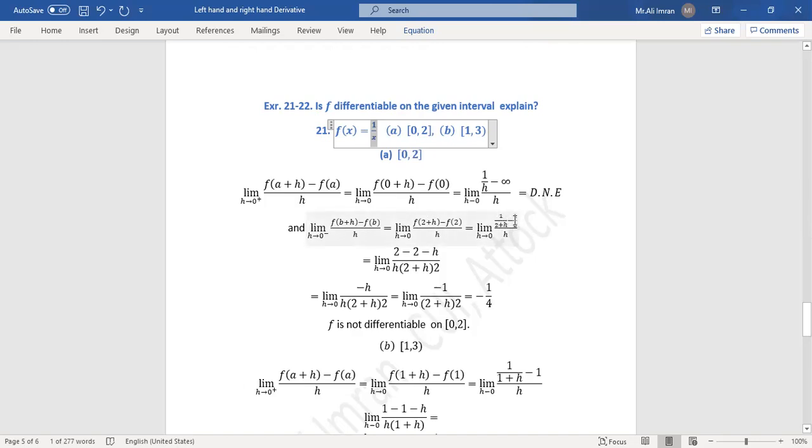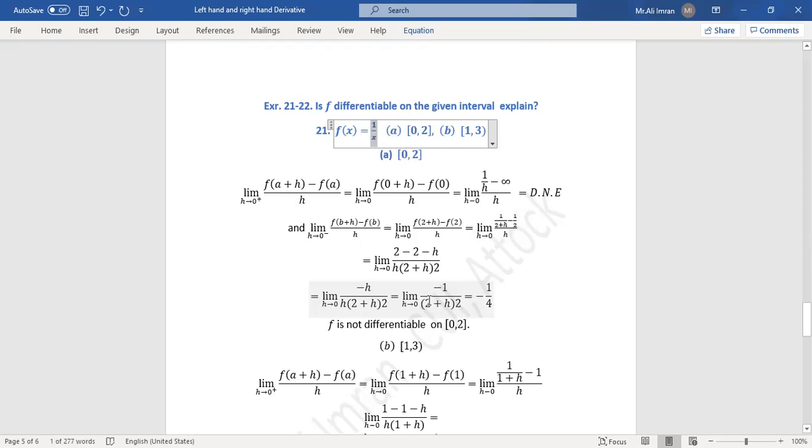Taking the LCM of the numerator and simplifying, we will get limit h tends to 0 of (2 minus 2 minus h) divided by h into (2 plus h) into 2. 2 will be cancelled with minus 2, and we will have limit h tends to 0 of minus h divided by h into (2 plus h) into 2. Cancelling the h from the numerator and denominator, we will have limit h tends to 0 of minus 1 divided by (2 plus h) into 2.